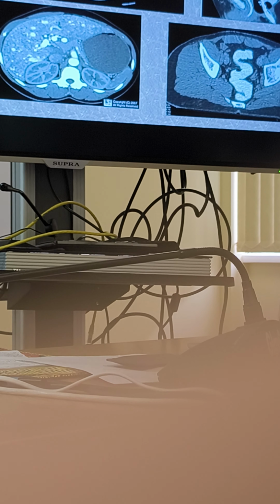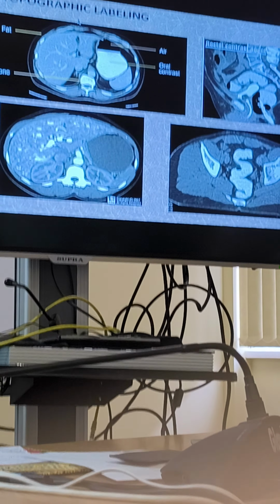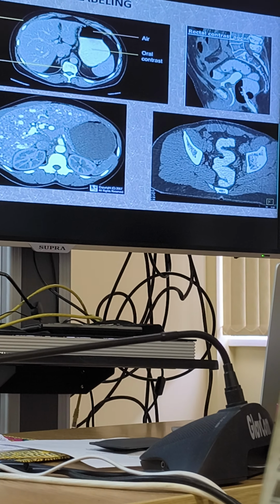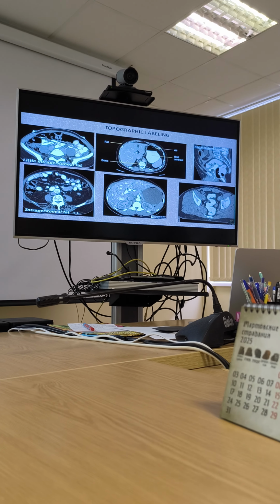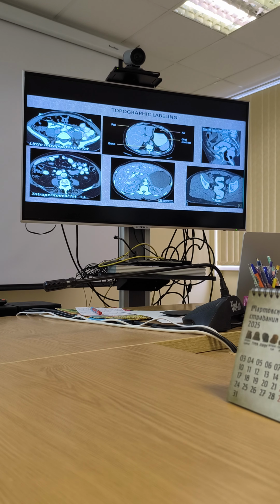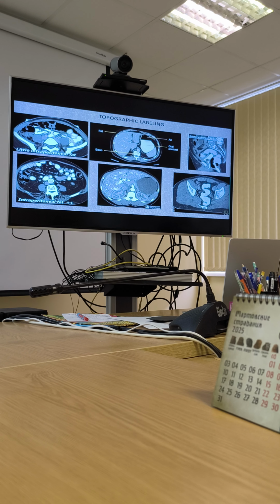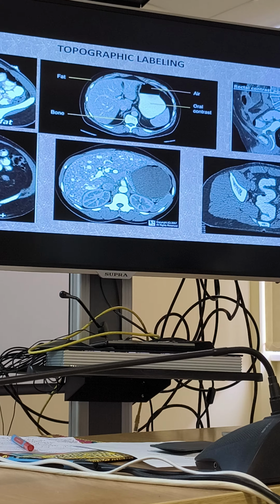So the next thing is borrowed from traditional X-ray, but a little bit adjusted and adopted. It has an official name, topographic labeling, but usually in practice it's named oral contrasting or rectal contrasting. That means we are contrasting the gastrointestinal tract, but for different purposes compared with traditional X-ray.